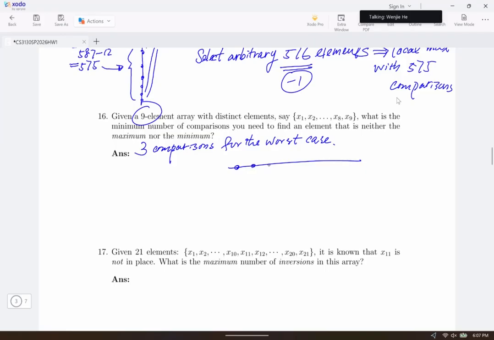All right, so let me draw 9 dots on the line. 1, 2, 3, 4, 5, 6, 7, 8, 9. That's the whole set with 9 points. Now, we work on this number of elements.